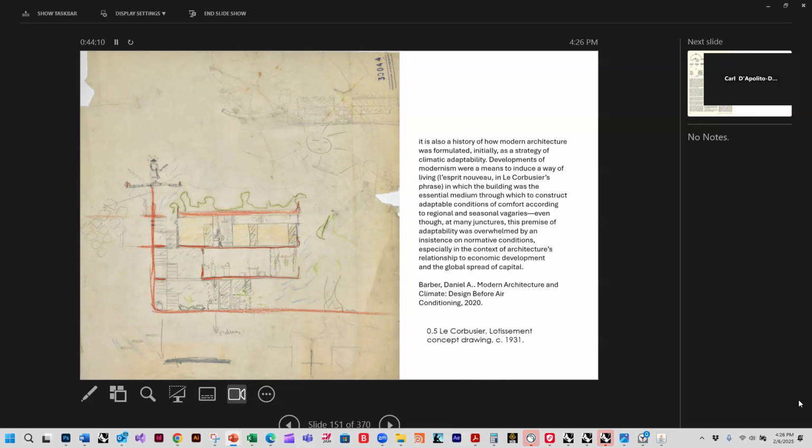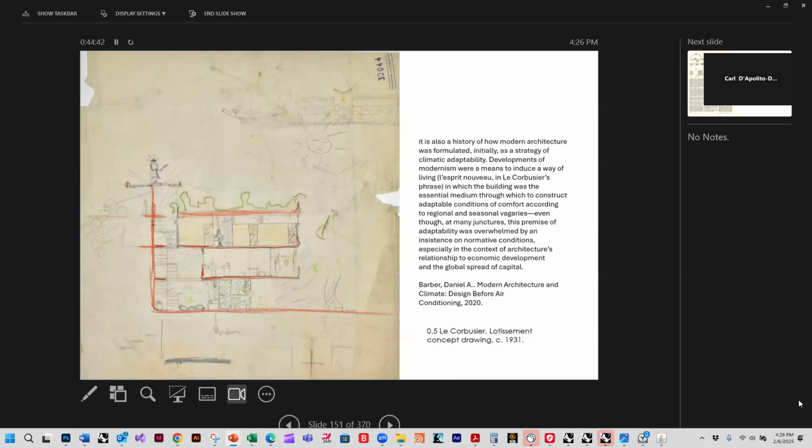It's all about the way in which modernism was originally framed as a very flexible system. And that flexibility was twofold. On the one hand, it was about adapting to local climates.